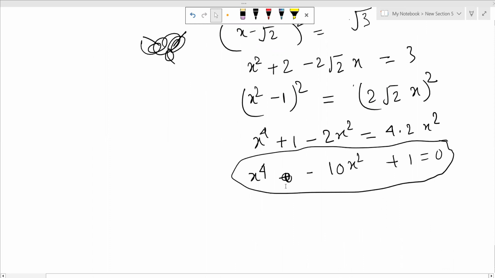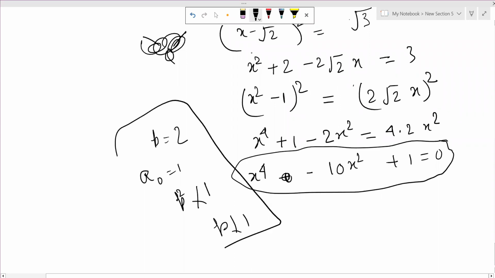So you told me to use the Eisenstein criterion. How can I use it? What is the candidate for P? What prime can I choose? Tell me. We can just use 2, sir. Okay, P equals 2 you can use. P square should not divide a naught. What is a naught? A naught is 1, and P square does not divide 1, and P does not divide 1 basically, right?